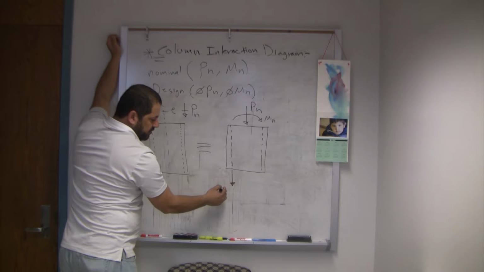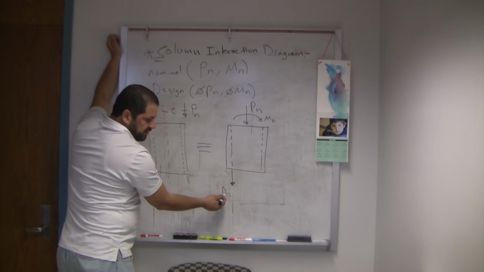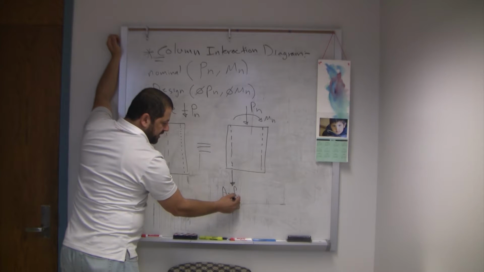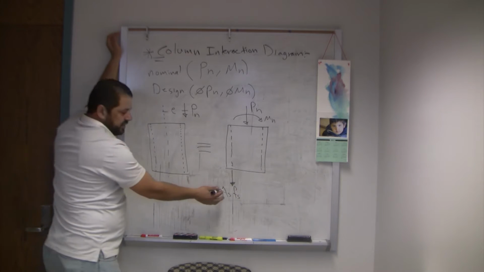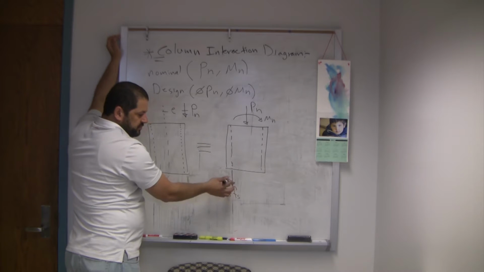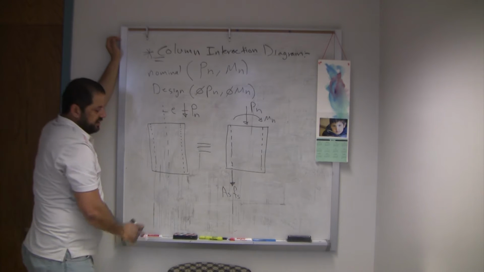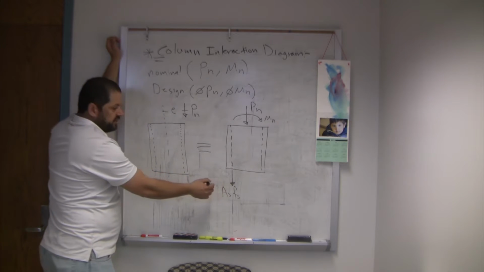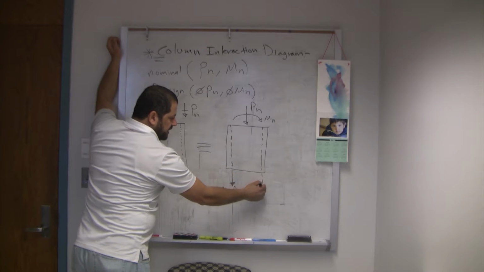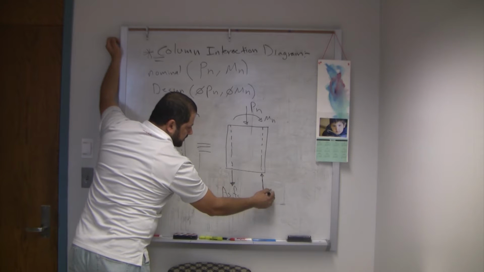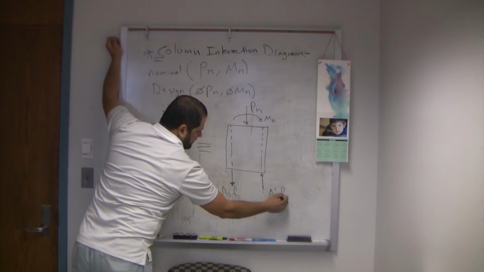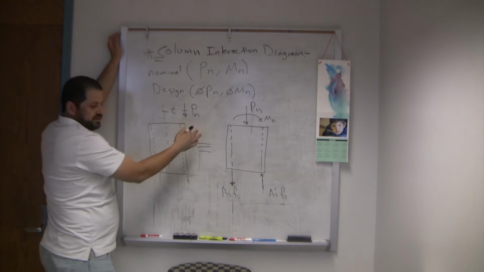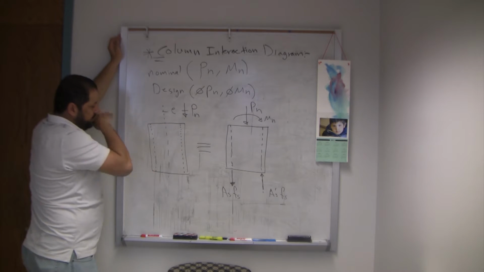Tension in the steel. I'm gonna call this steel the tension steel, as we use this term for it, As Fs, area times stress. This stress could be lower than the yield strength of steel. And this steel here is in compression, so I'm gonna call it As' Fs'. Remember, this is not the total As.